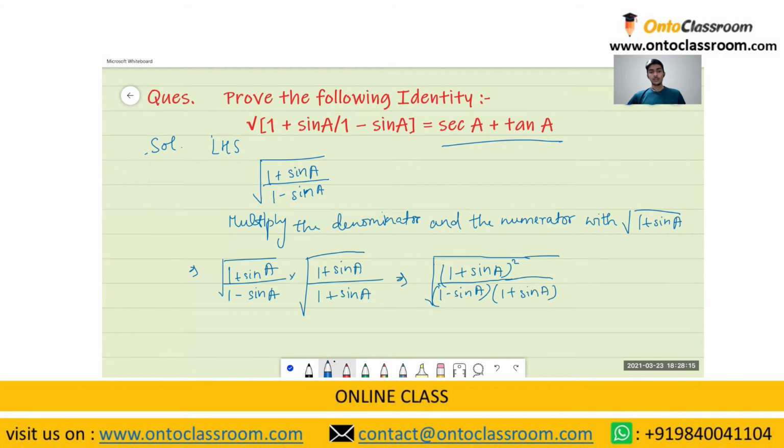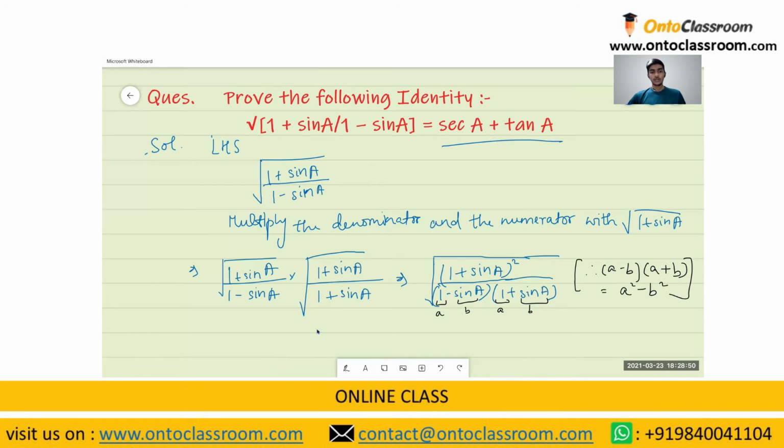So if we observe closely, we have 1 here, we have 1 here, we have sin A here, we have sin A here too. So if we take 1 as A and if we take sin A as B, we clearly get the algebraic identity of A minus B into A plus B. We all know that it equals A square minus B square. So we will simply apply it here too.